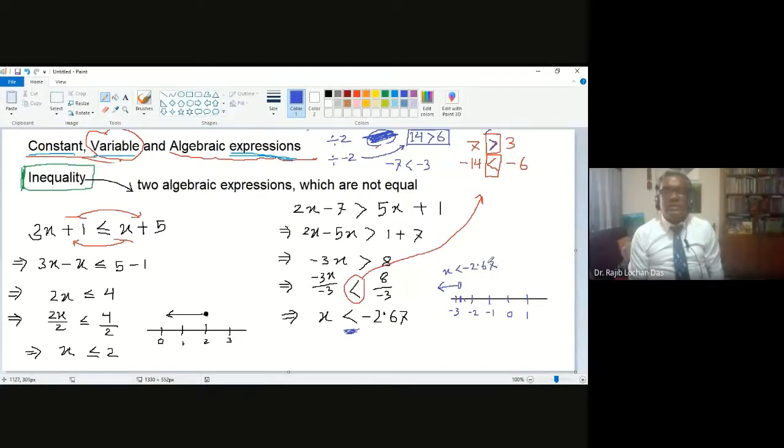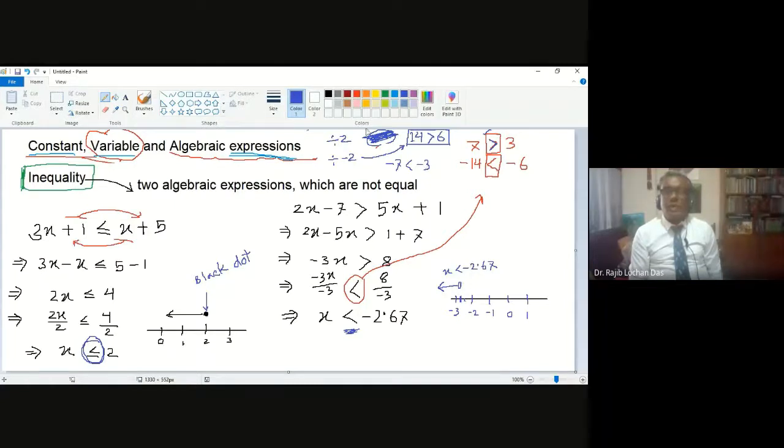Now the difference is the last one. Last one was a black circle. Black dot means there is an equal sign in the inequality, less or equal to 2. If you have only less than, only greater than, with no equal sign included, then that will be a white dot.